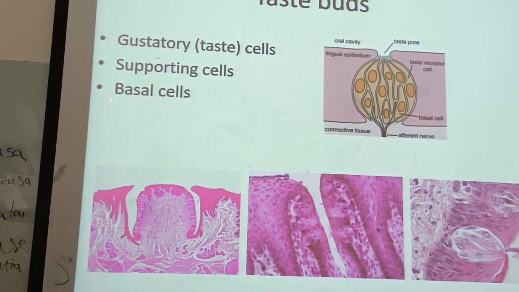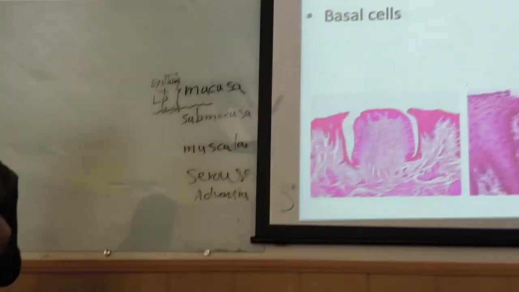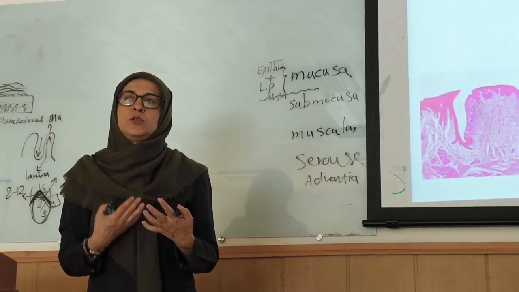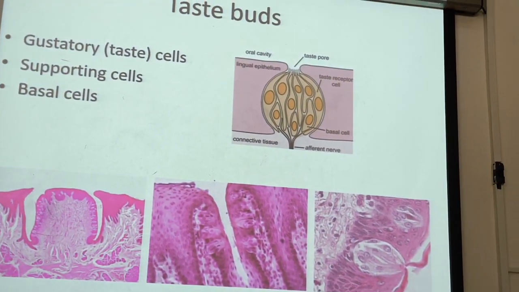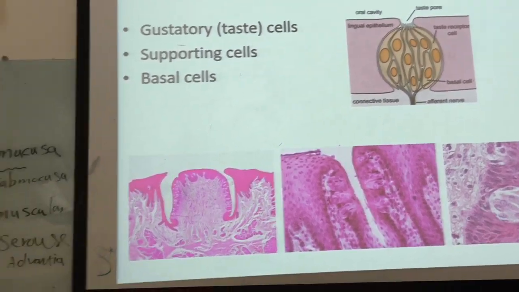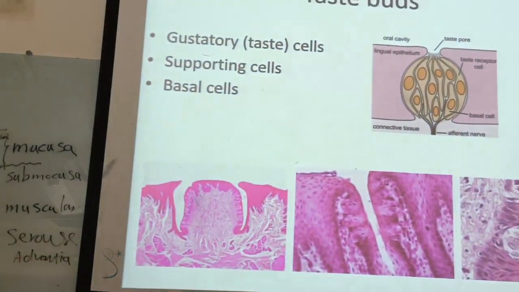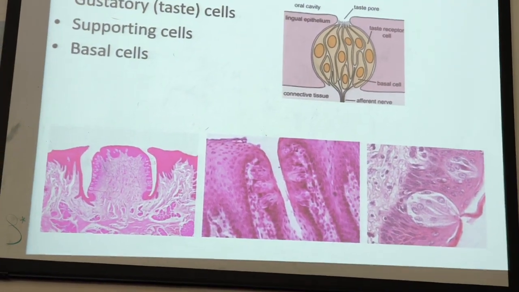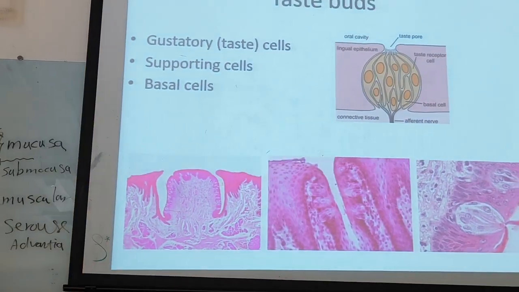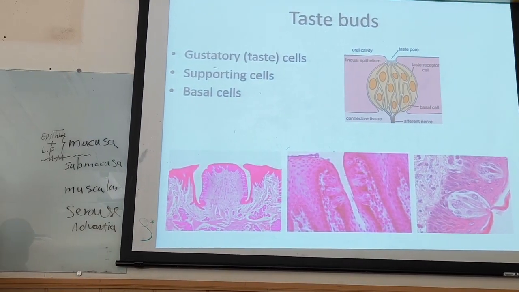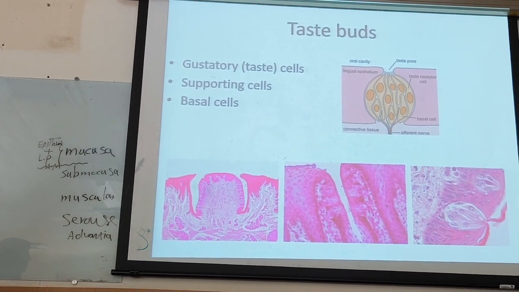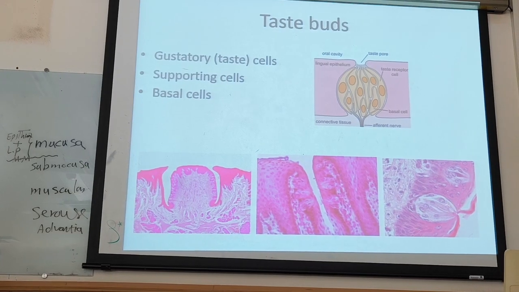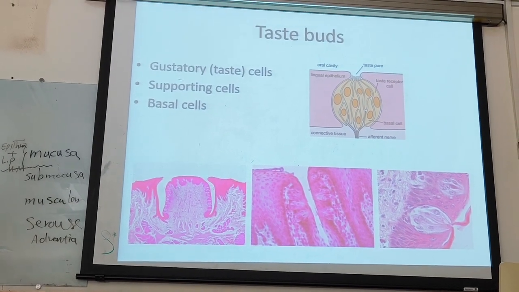And we also have some basal cells or stem cells that can do mitosis and differentiate into these two types of cells. Under the microscope, the taste bud appears as a very small, clear structure in the stratified epithelium, and here we can see it at more magnification, with its cells.